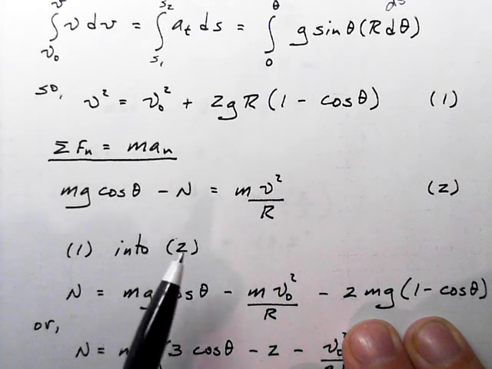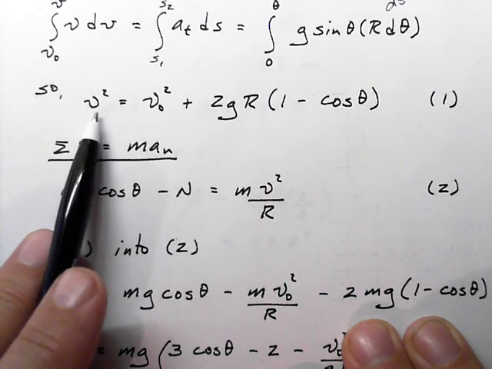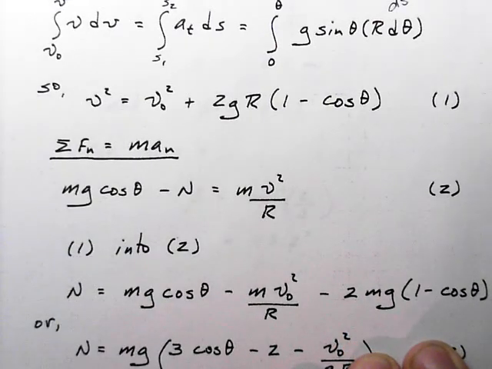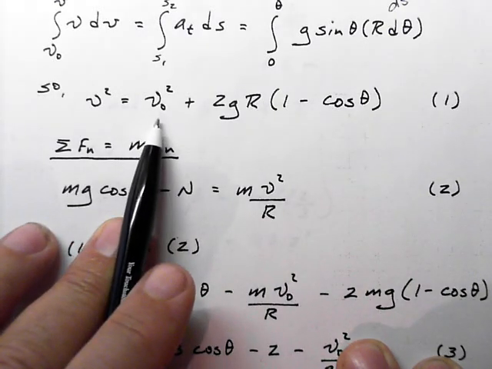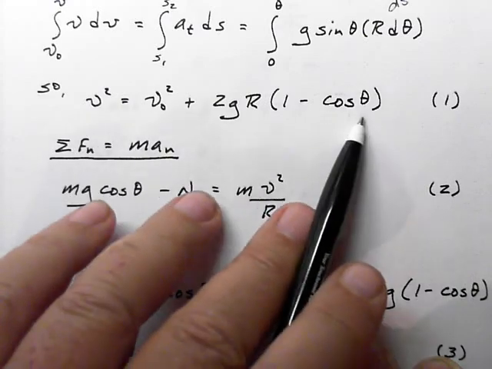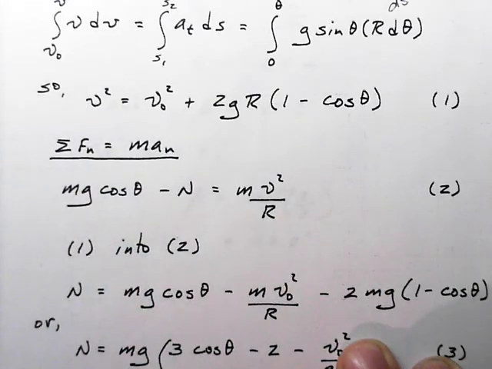And we have a means of knowing v squared, so we can substitute that in, and then work out our algebra so that for any given starting velocity v0, we'd be able to determine our final velocity at any angle.